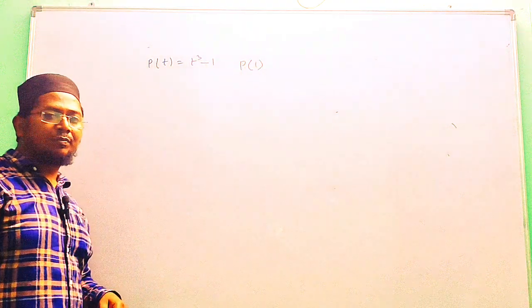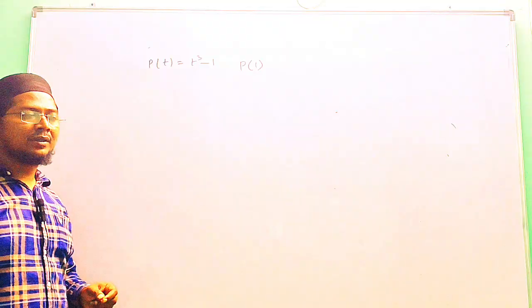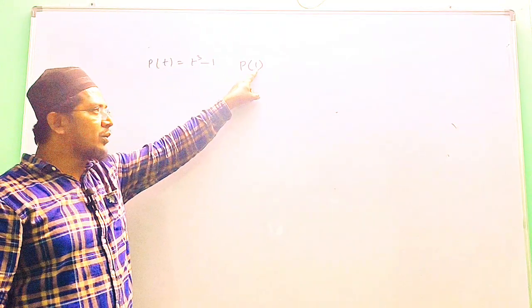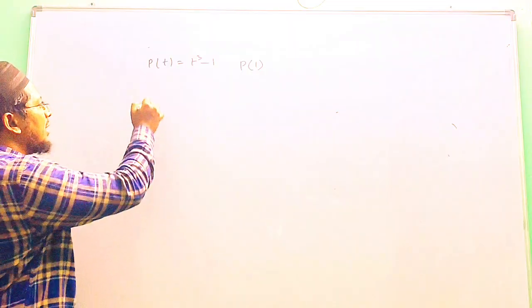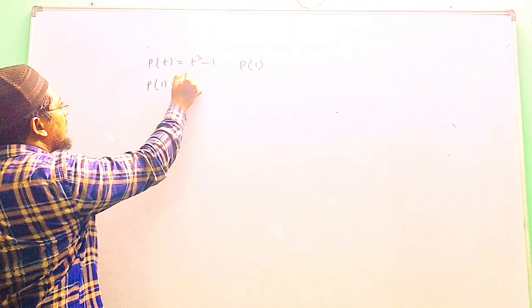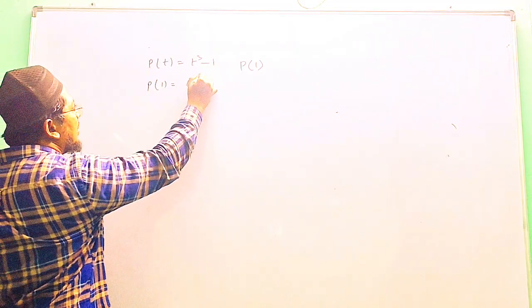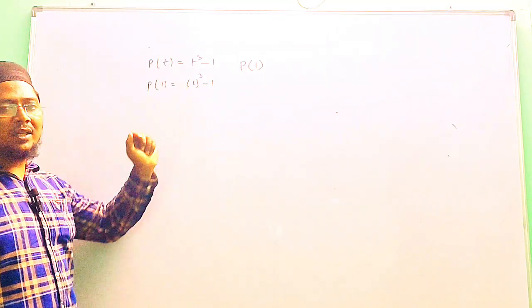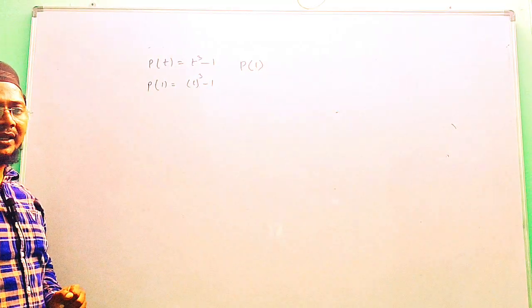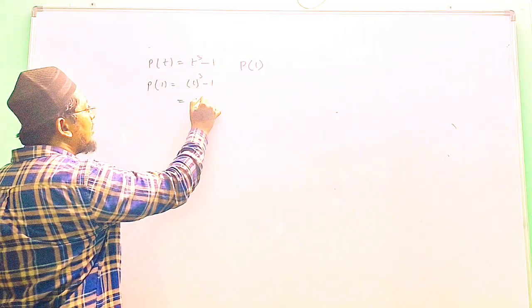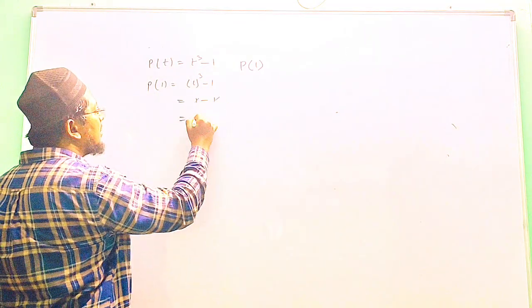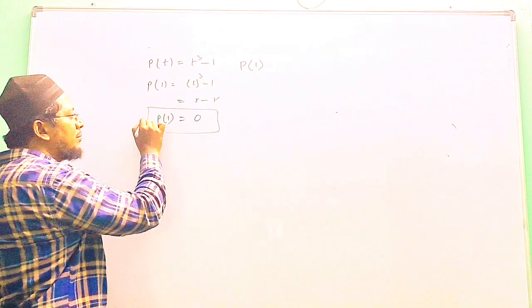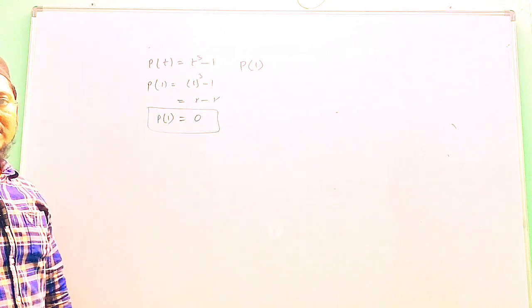What is the value of p of 1? I am going to substitute 1 instead of t. So p of 1 is equal to 1 power 3 minus 1. 1 power 3, 1 multiplied 3 times, gives 1 only. So we have 1 minus 1, which is 0. So P of 1 is equal to 0.